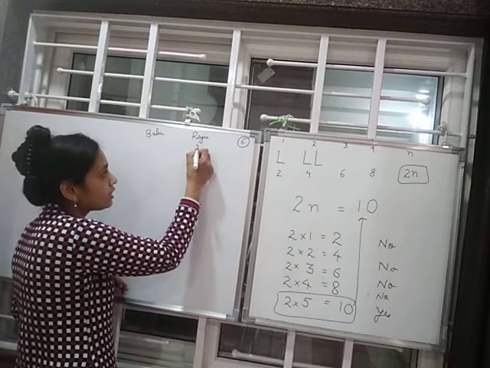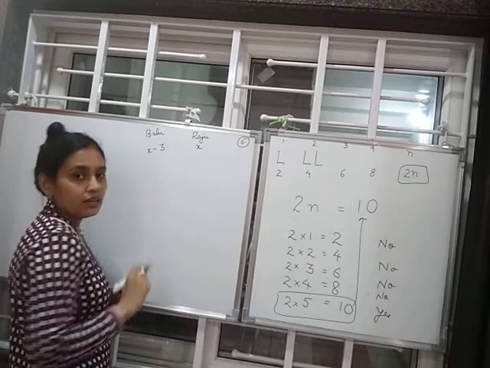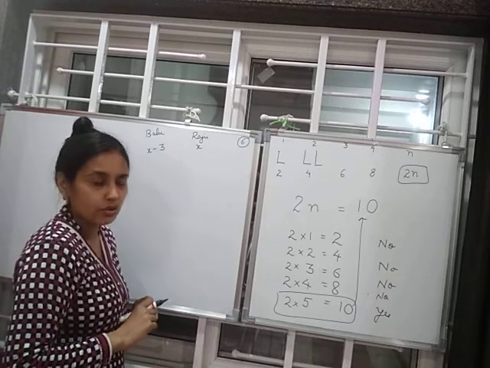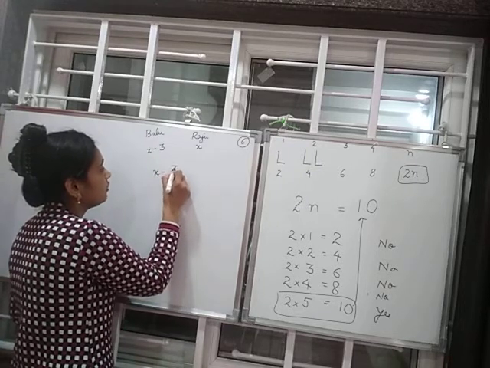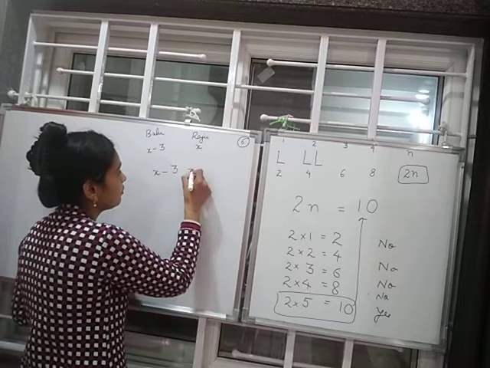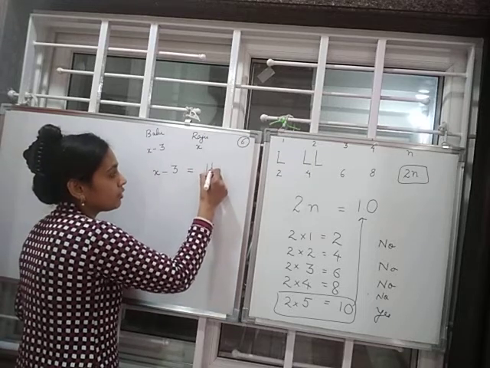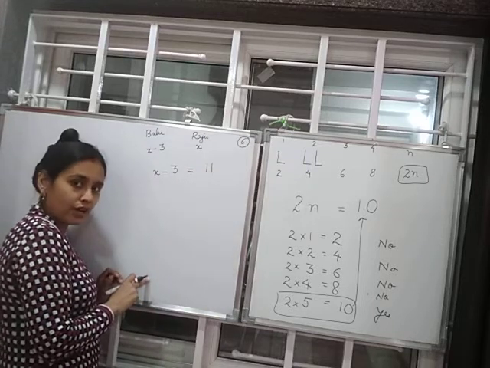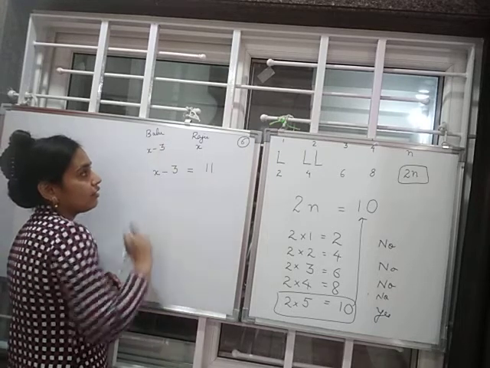So, if Raju is x years old, then Balu is x minus 3 years old. Okay. Again, this is an expression. Suppose Balu is 11 years old. Now, how to get then Raju's age?